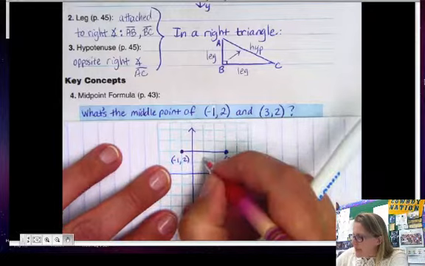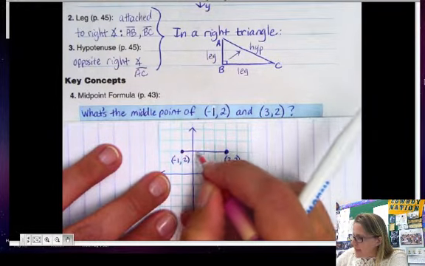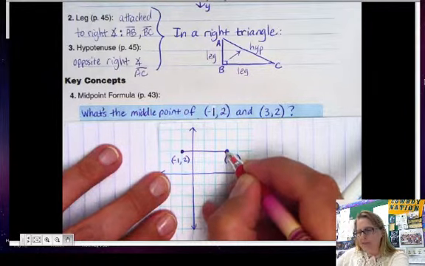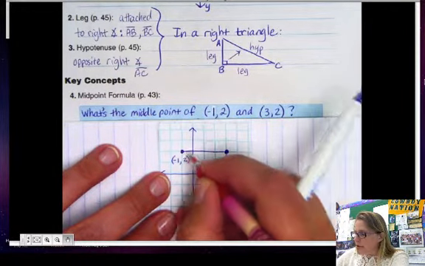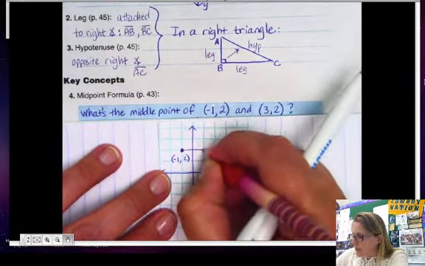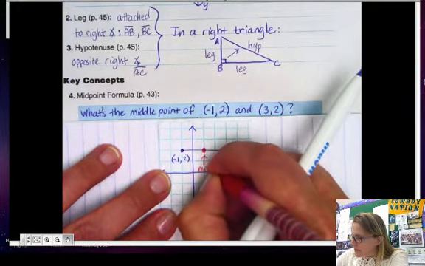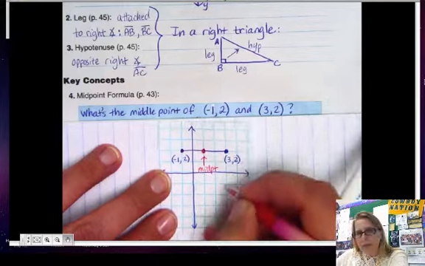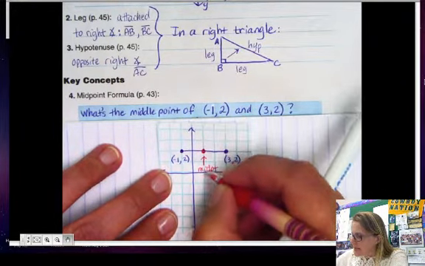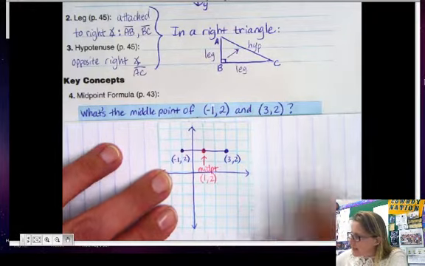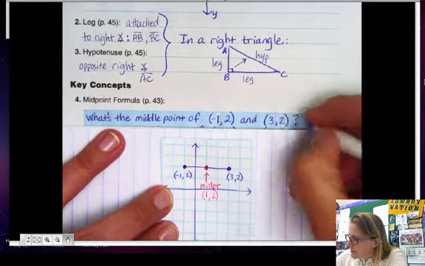So let's see. This length is 1, 2, 3, 4 across. So it stands to reason that if I went 2 across and put a point there, that would be the midpoint. The midpoint in this case then is 1, 2. So let's write that down here. 1, 2.